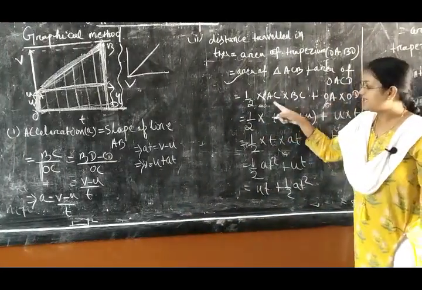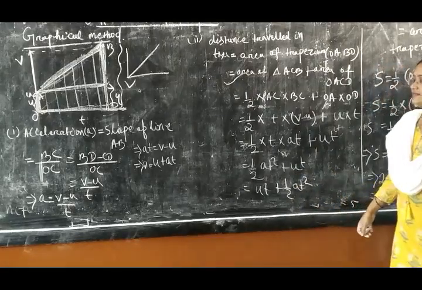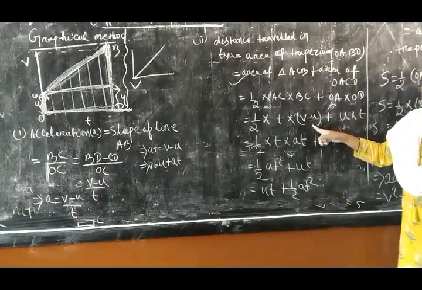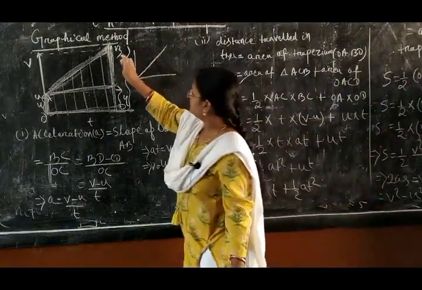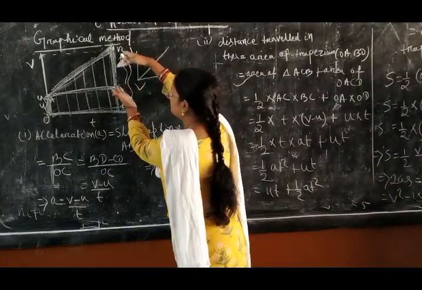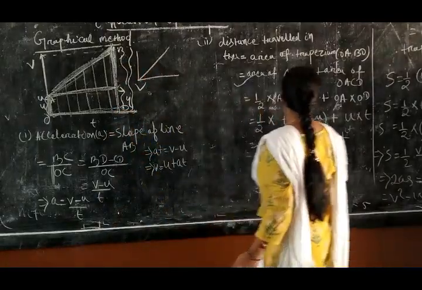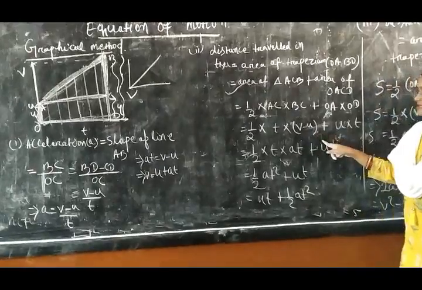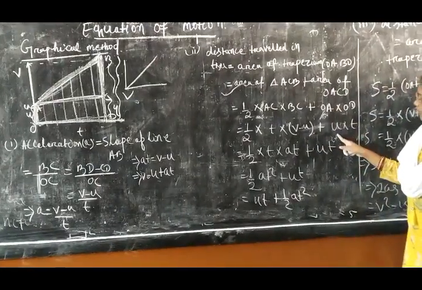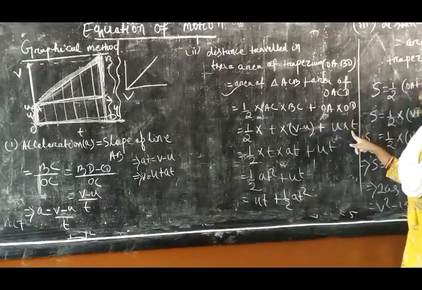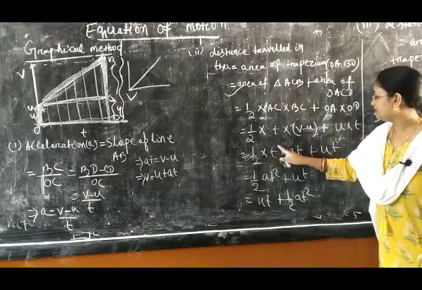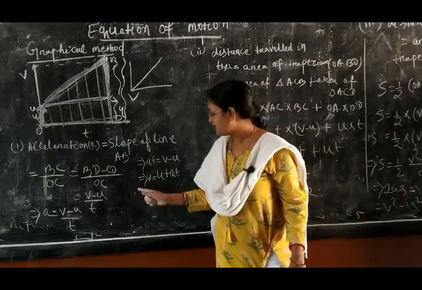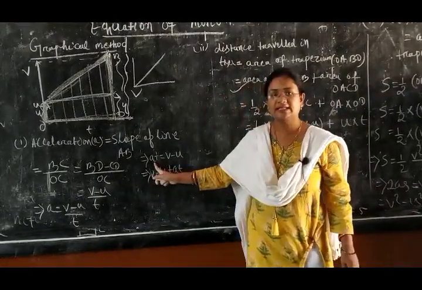So AC value is how much? T. And BC is V minus U. You see this one is BC, this total is V, this one is U, so BC is V minus U. So half into T into V minus U plus OA is U and OD is T. So half into T, V minus U. In the first equation of motion you have already derived that V minus U equals at.